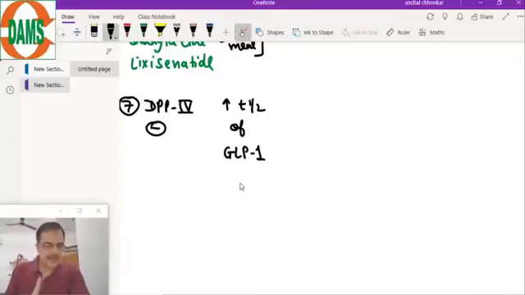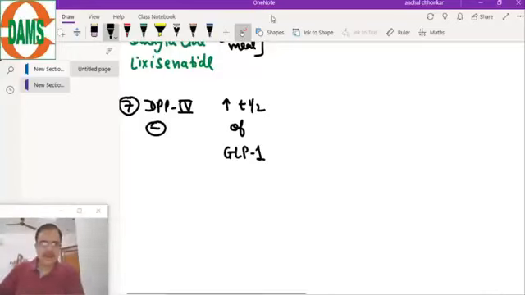The DPP4 enzyme degrades the GLP-1, so we give the DPP4 inhibitor, and they increase the half-life of GLP-1.